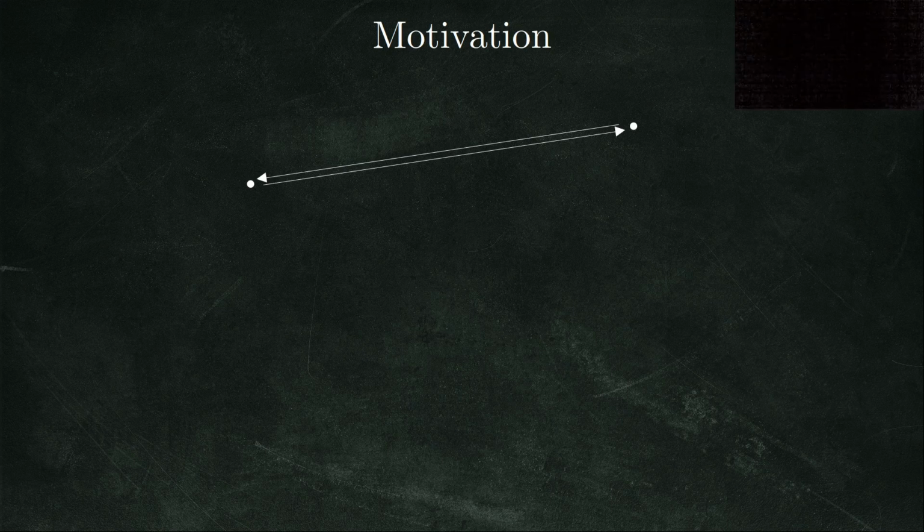And then finally, if we have a third point, and we measure the distance from the first point to that third point, and then the third point to the second point, that has to be longer than just going in a straight line from the first point to the second point. So we've got 3 properties here.